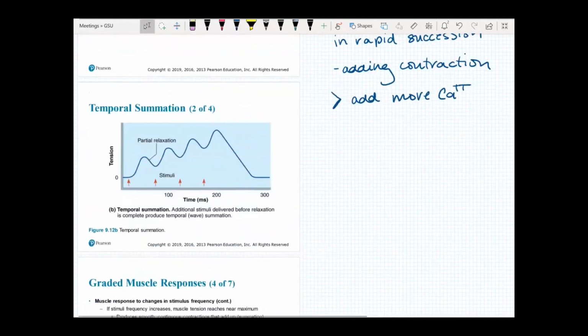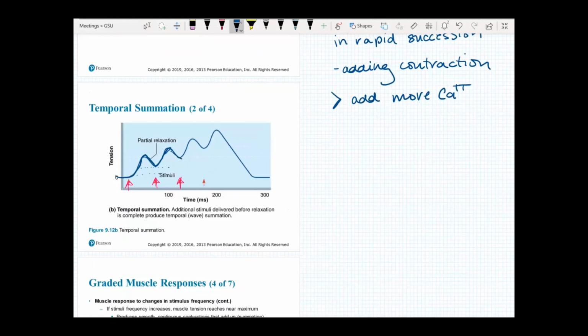So you'll notice here we have stimulation 1, and then we have our contraction, and it goes like this. But before it can relax, we have another stimulus, which will make it go up. So we never came back to baseline. And then we contract, we increase our tension, we come down, we have another thing telling us to go.